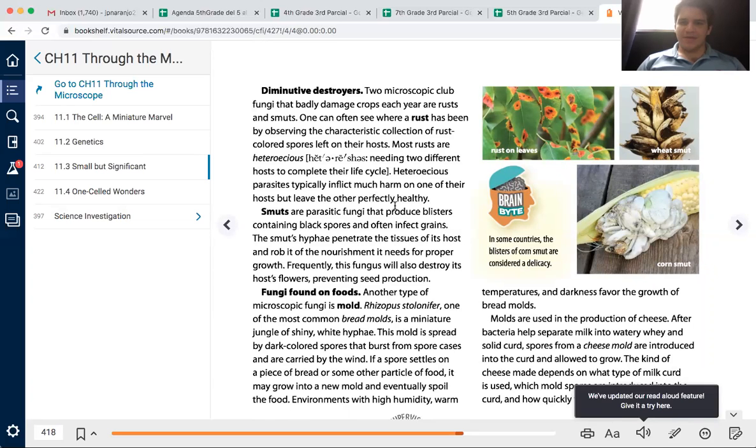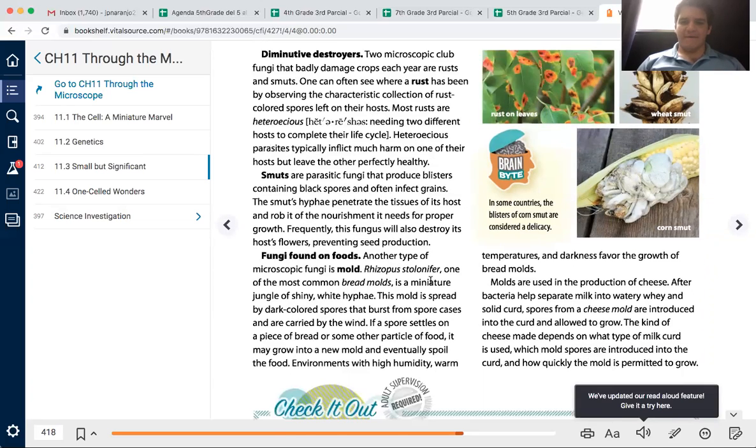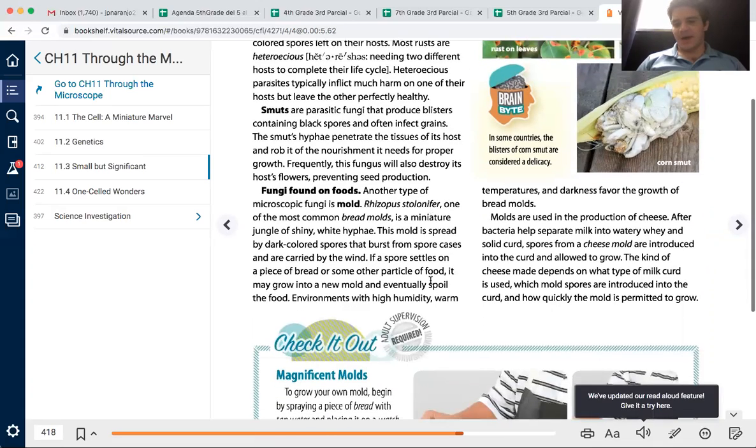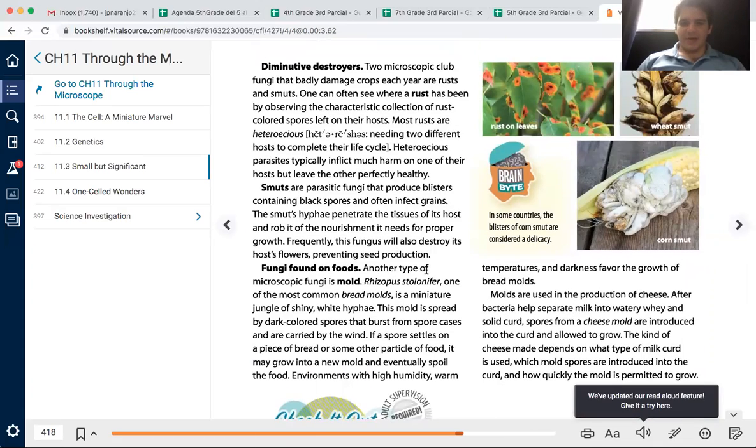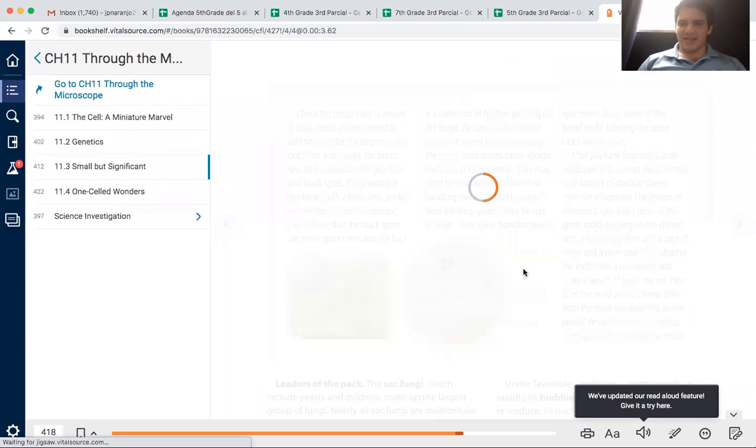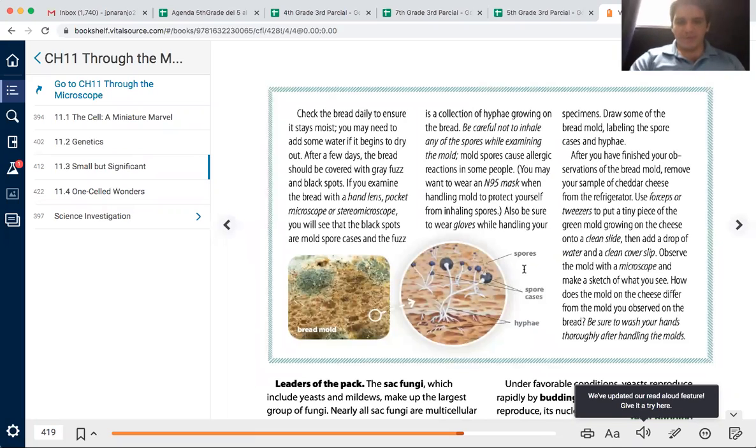And so it's going to talk about different types of funguses, which is fungi. That's the plural for fungus. And so we'll learn what this is. Corn smut. This is stuff that grows on corn. Some call it rust on leaves, but it's another type of fungi. Fungi usually decompose dead things. And so bread mold, fungi, it's gross.